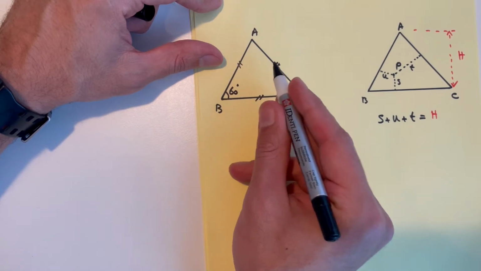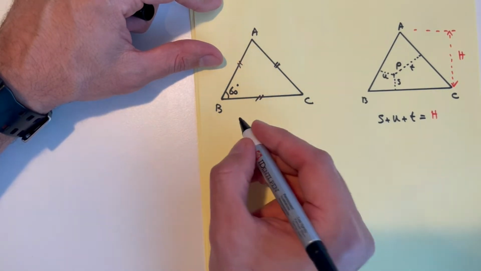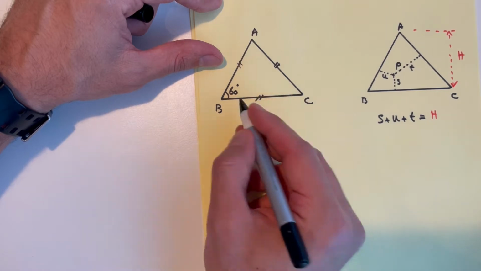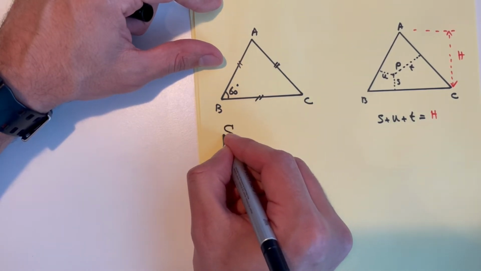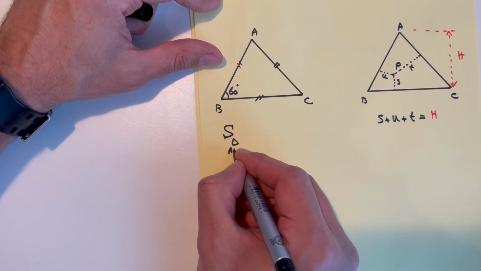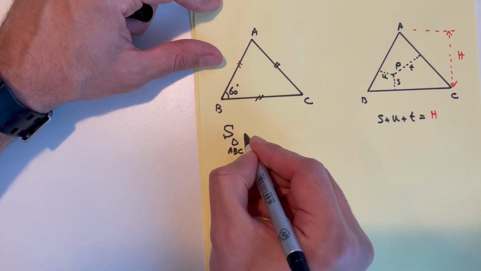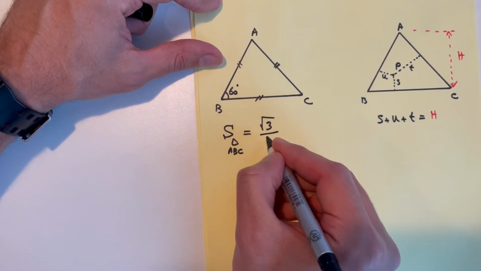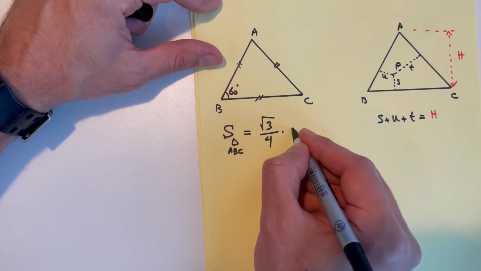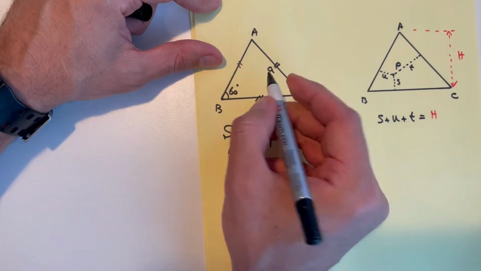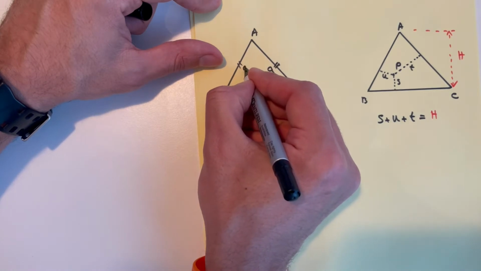Another point is that the area of triangle ABC should be equal to radical 3 over 4 times the square of the side. So if I call this side a.